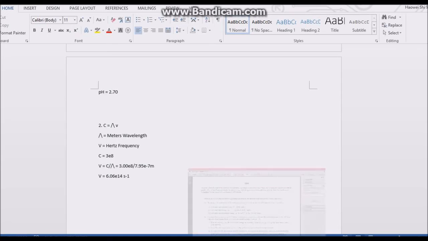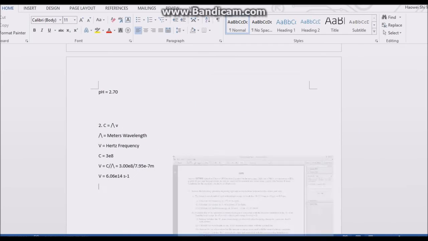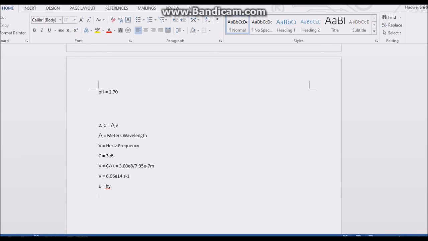For the next part, we need to calculate the energy in joules of photons of light. For this one, you need to know E equals h nu, where E stands for energy in joules, the standard unit of energy.